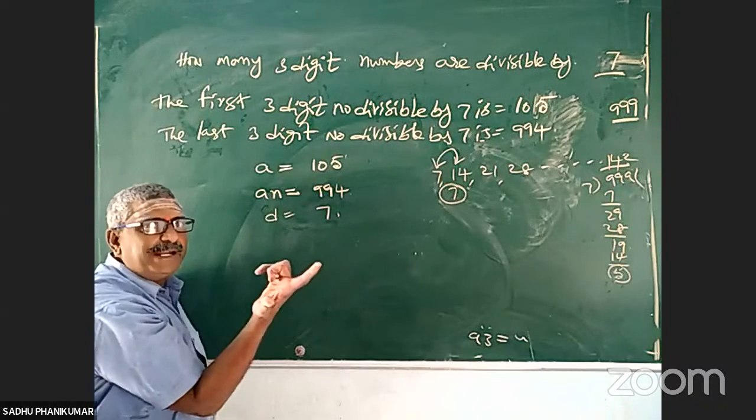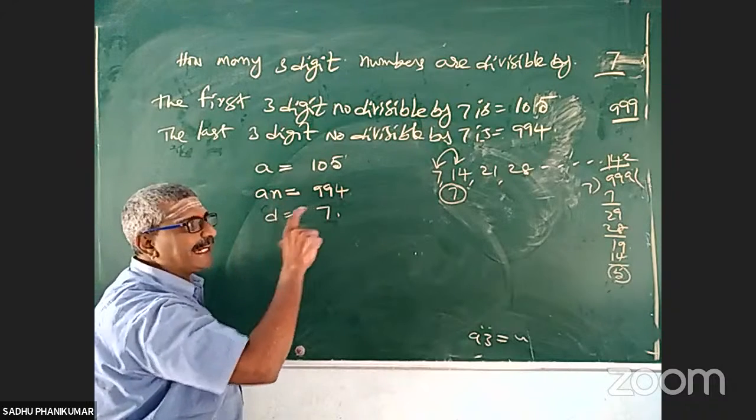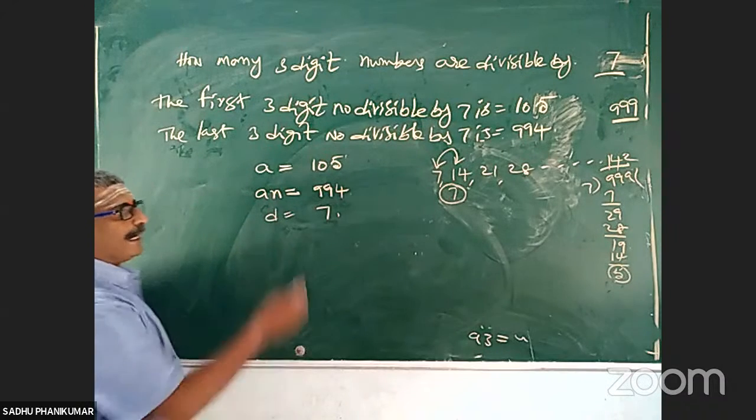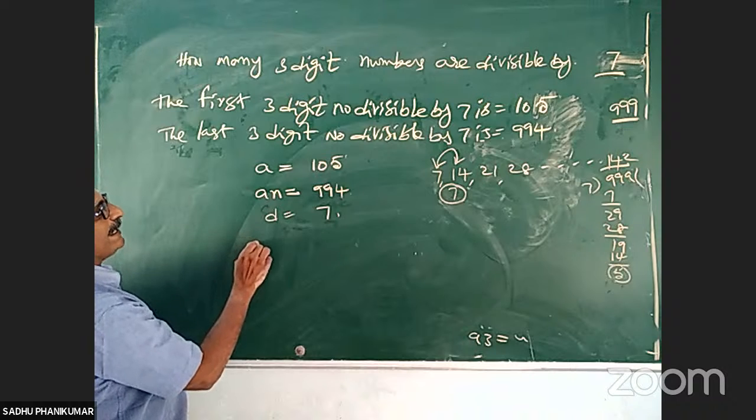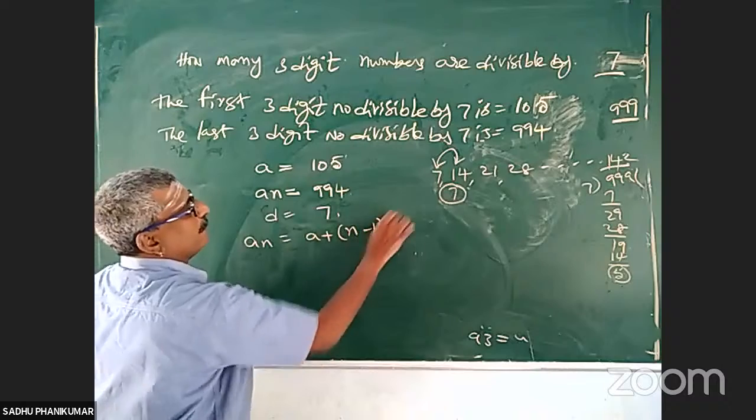Now what do we have to find? We have to find the value of n, that is, 994 is which term. So An is equal to A plus n minus 1 into D. This is the formula.